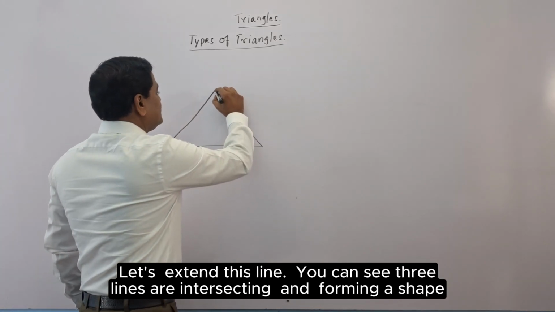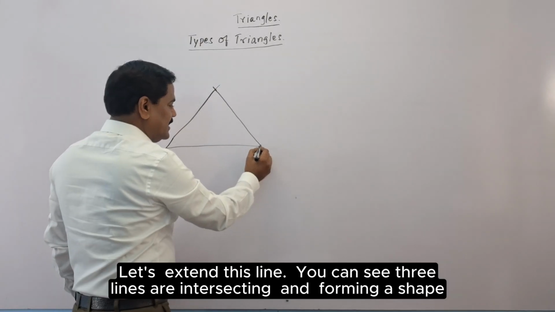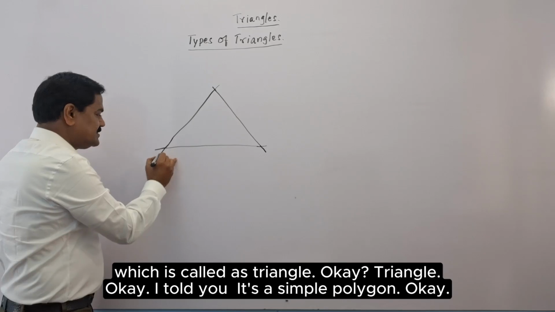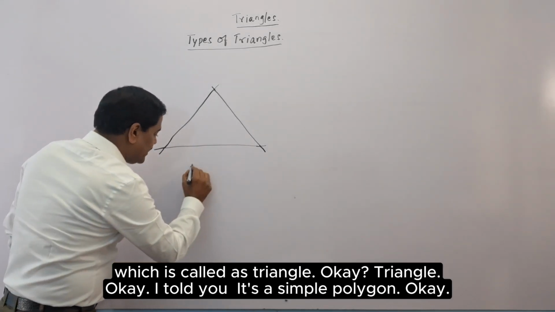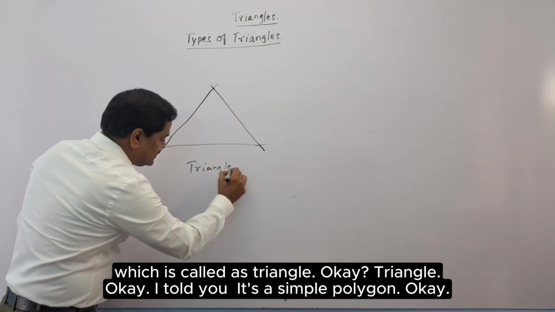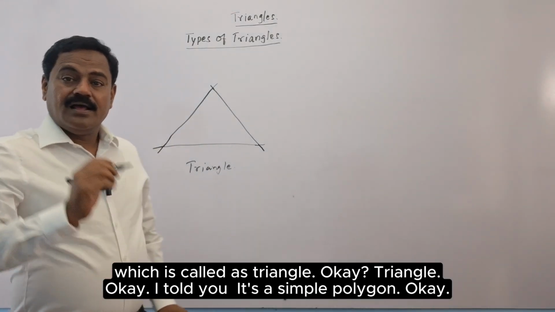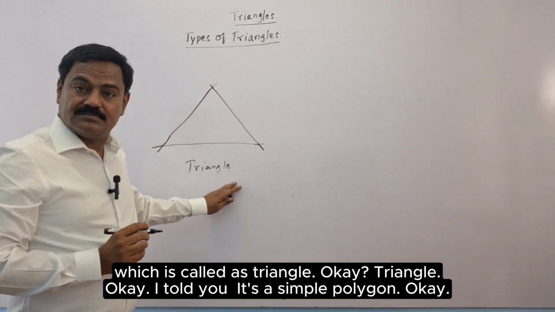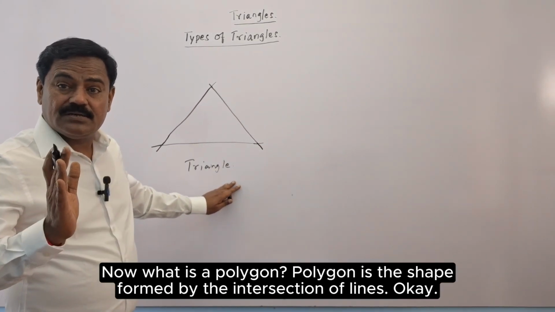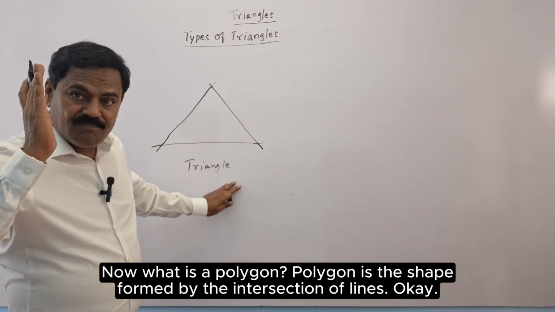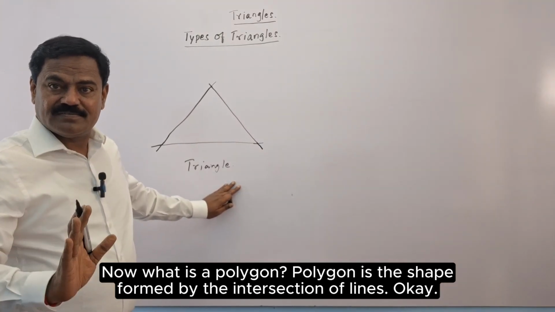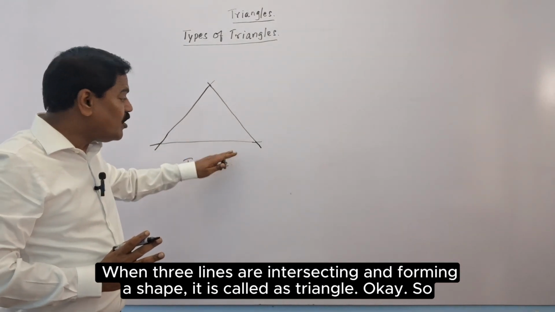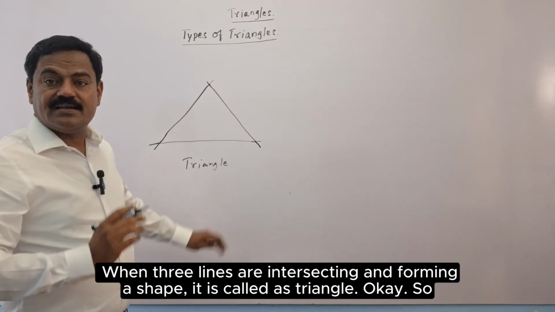You can see three lines are intersecting and forming a shape which is called a triangle. Polygon is the shape formed by the intersection of lines. When three lines are intersecting and forming a shape, it is called a triangle.